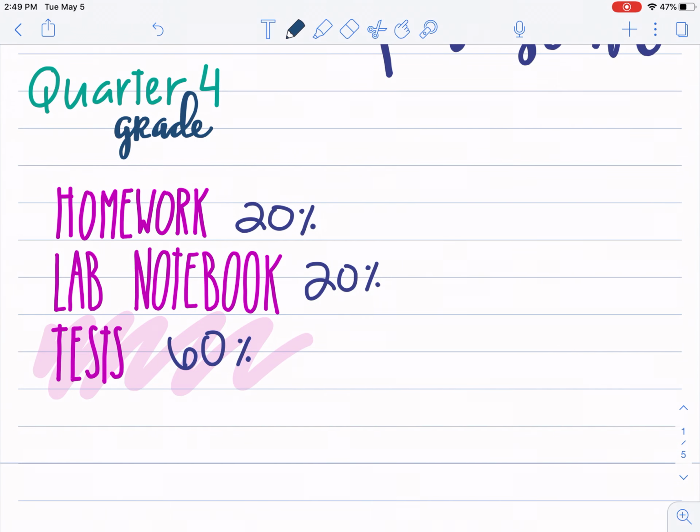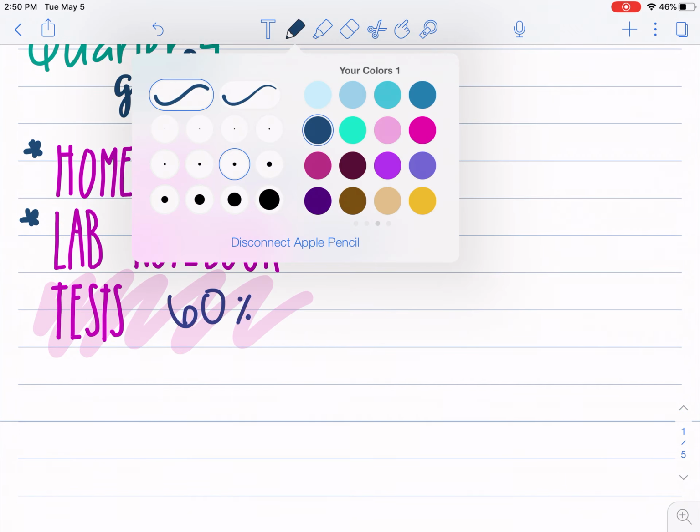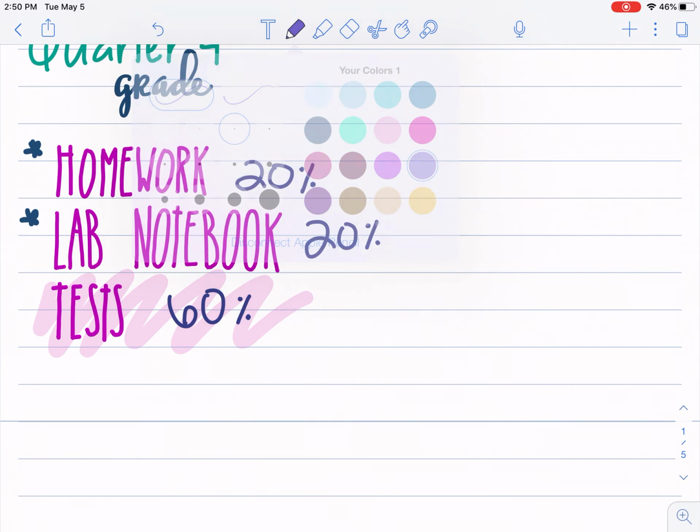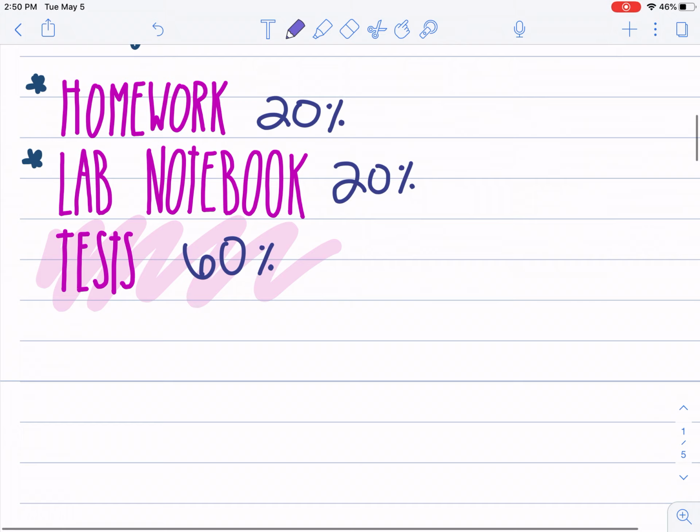So your homework grade and your lab notebook grade, you will have to get those averages from Schoology. So just go to the fourth quarter tab and look at homework and look at lab notebook. And that's what you're going to use in those places. This is a weighted average, which is just like our average atomic mass calculations.